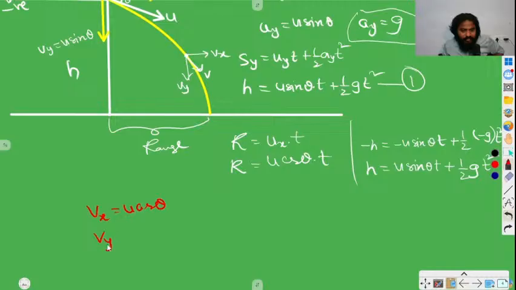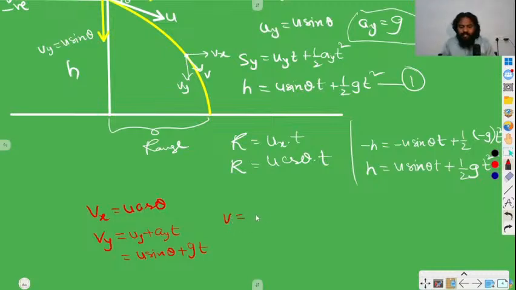And next, vy is equal to uy plus ay into t, right? Now v is equal to u plus at. What is uy? u sin theta plus g into t. This is vy. So from this you can find out v.